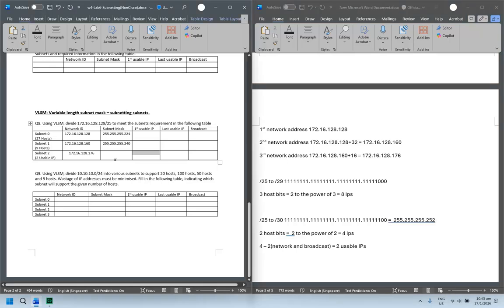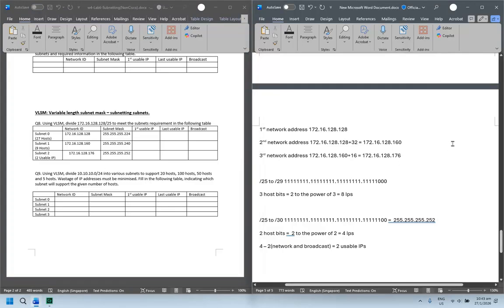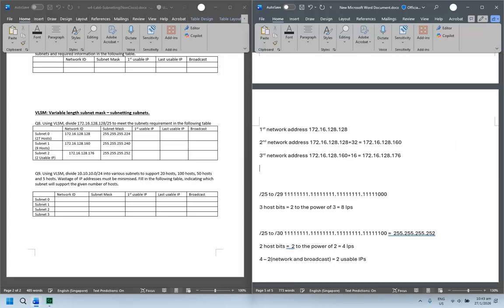255.255.255.252. So this will be the subnet mask that I should be using. And because we need to calculate all the broadcast addresses, we need to calculate the network address of the next group. Same concept as previously mentioned, you shouldn't be adding the subnet size from previously.